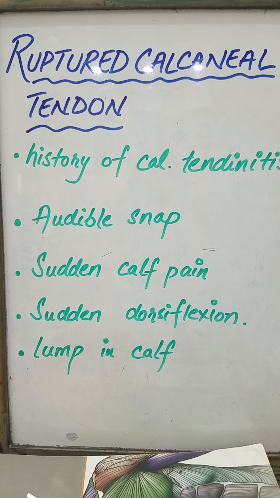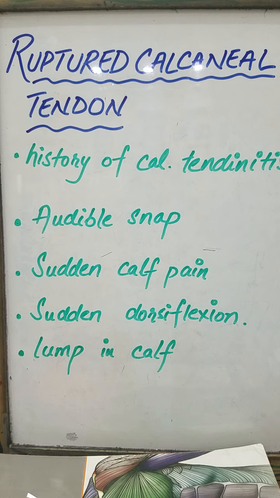Now, another clinical condition associated with the tendocalcaneus is rupturing of the calcaneal tendon. It usually is seen in patients who give a history of calcaneal tendinitis, right? And the history often contains an audible snap heard by these patients whenever they were walking and there was a forceful push, right?